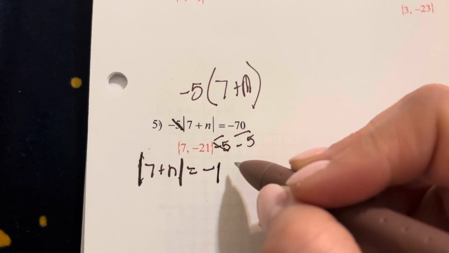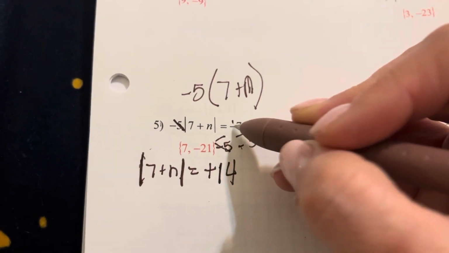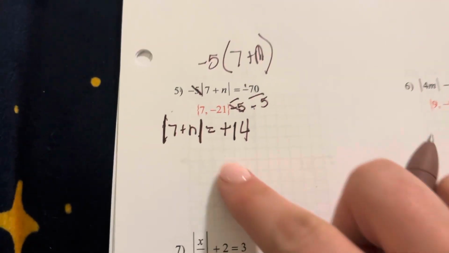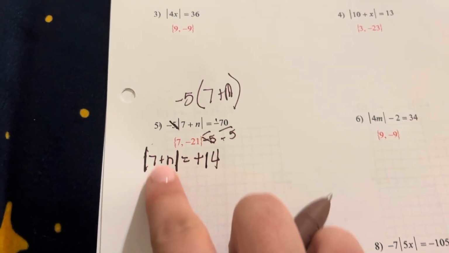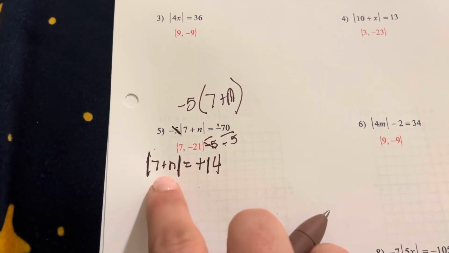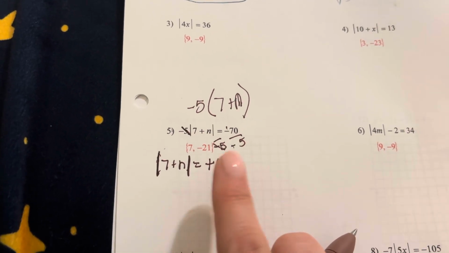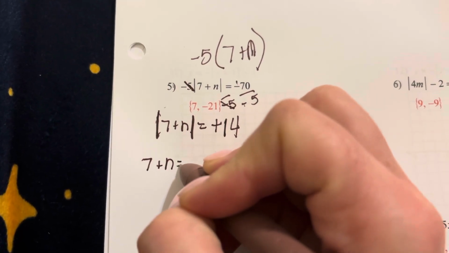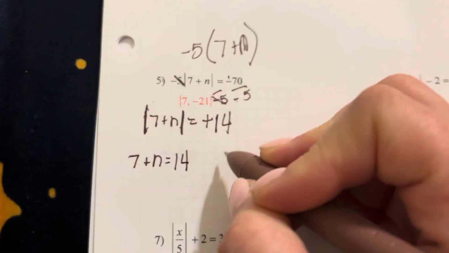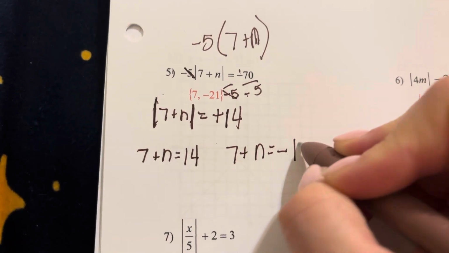Then it's 20, which is 14, and that's a positive because two negatives equal a positive. So now that I have this, I'm going to have this inside the absolute value equal both positive and negative 14. So 7 plus n equals positive 14, and 7 plus n equals negative 14.